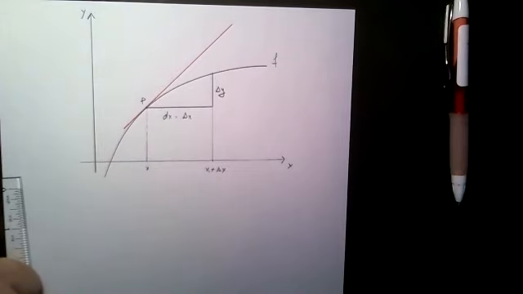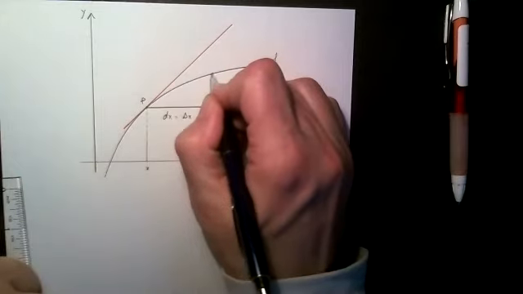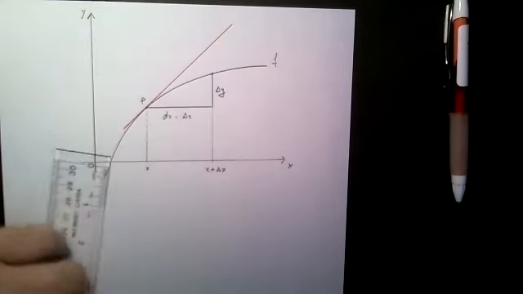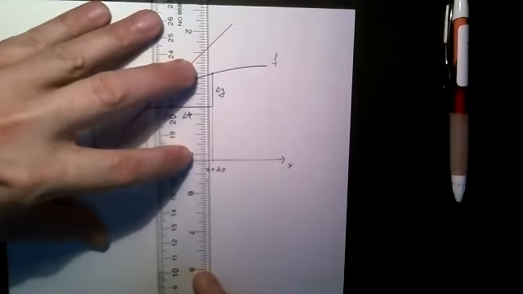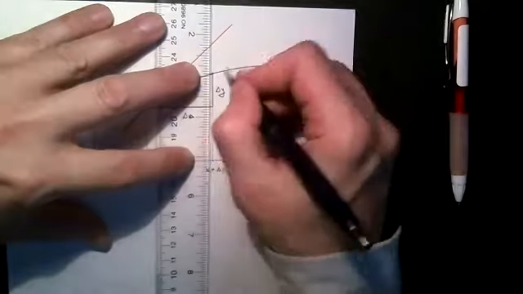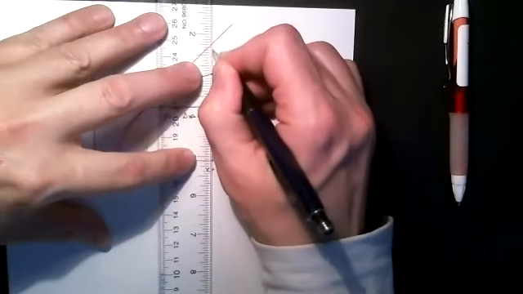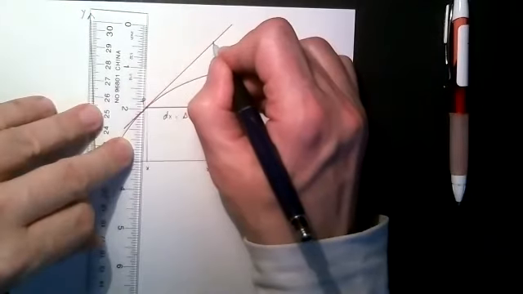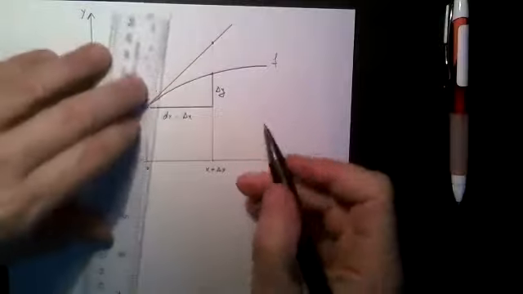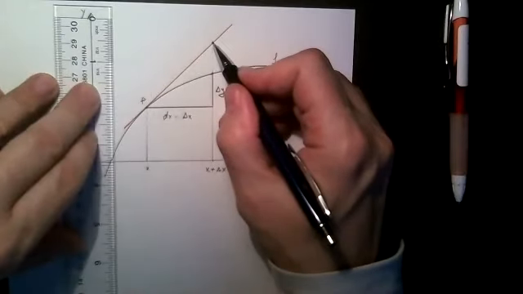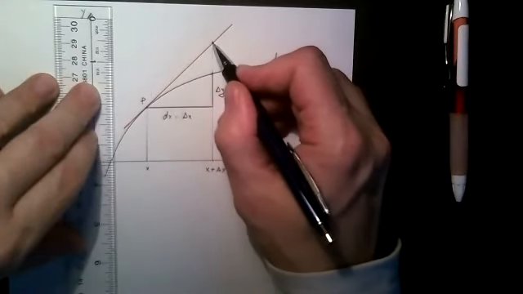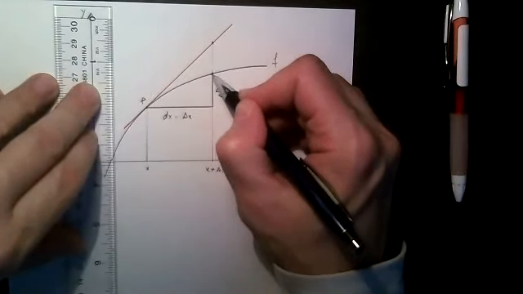Are you okay so far? Yes. Okay. So now, what's dy? This is dy. Instead of going here, I'm going to go all the way to the tangent, just like I did before. It was always the difference between using the tangent or using the actual function.